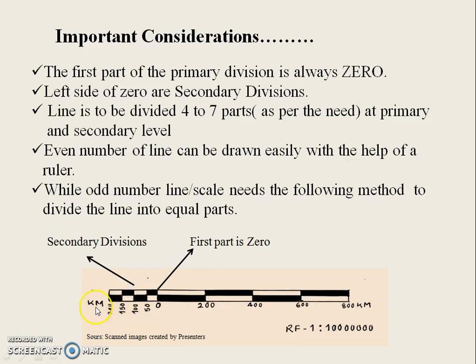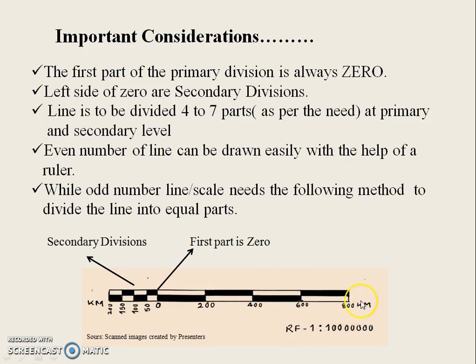Even number of line can be drawn easily with the help of a ruler. For example, in the given diagram, 5 parts were divided by using ruler 2 cm each. Thus, when as per the calculation, length of line is even number, parts can be marked by using a ruler.